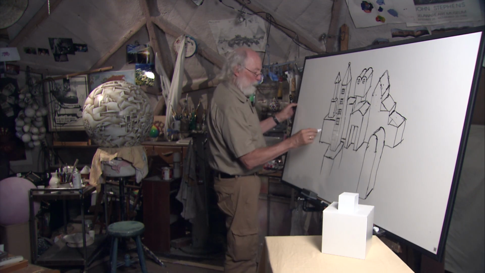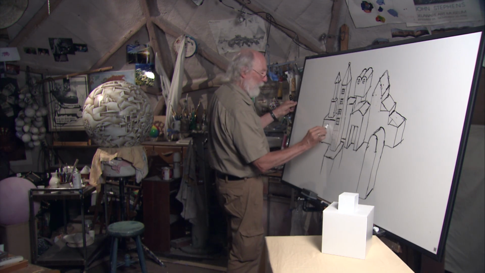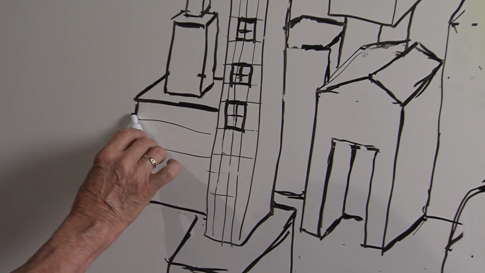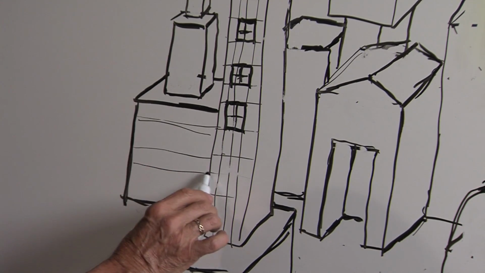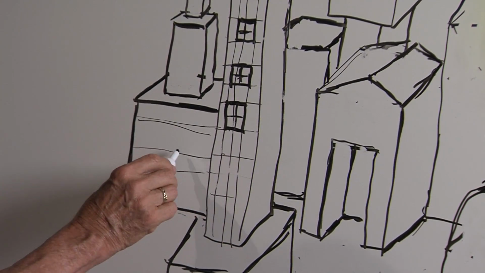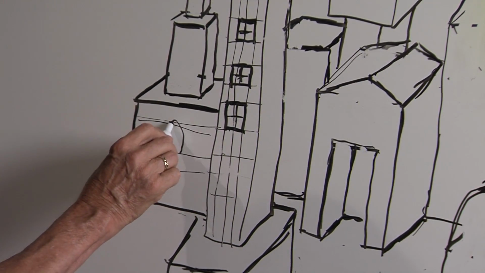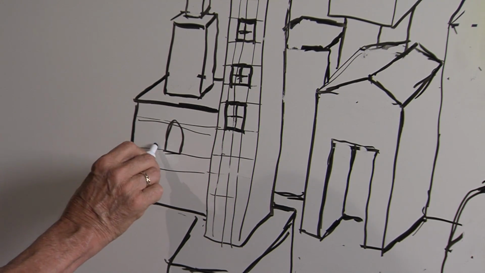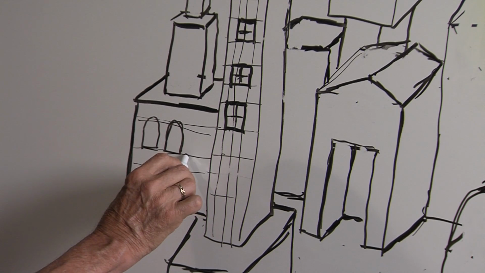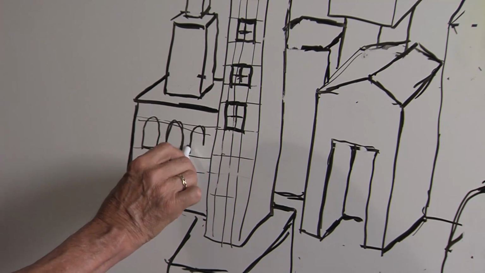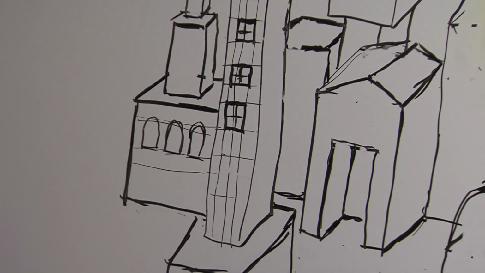Maybe on this one I'm going to put a grid on this too, a little bit here, so I keep everything straight. And maybe a grid down below here too. And these are going to be arched windows like this. There, and another one, say here. And another one over here. So it kind of helps to put those lines in there so you can see how it fits.